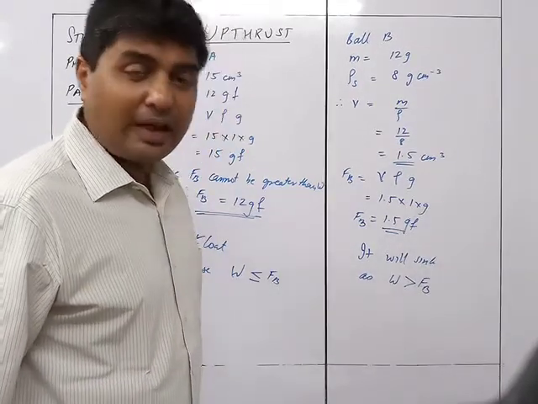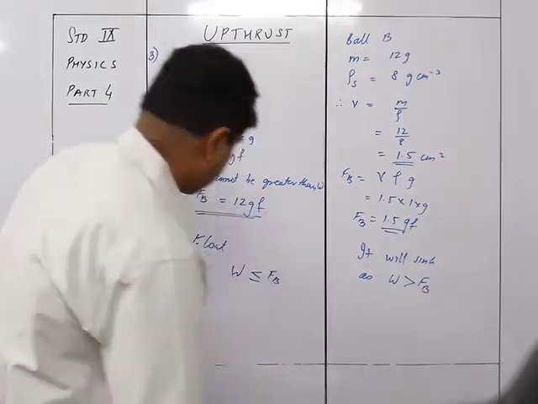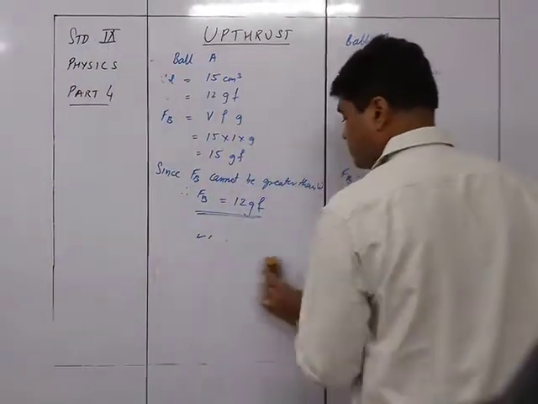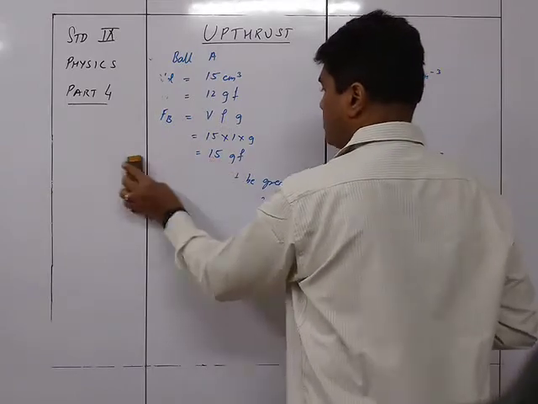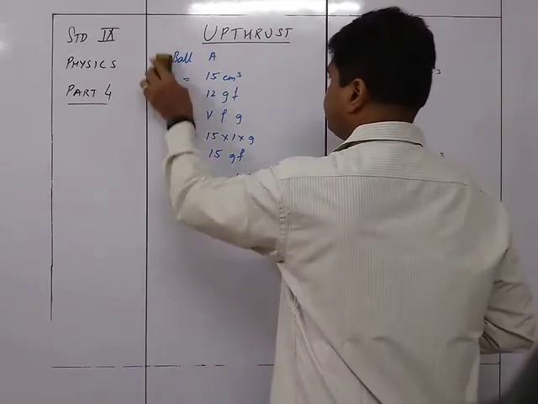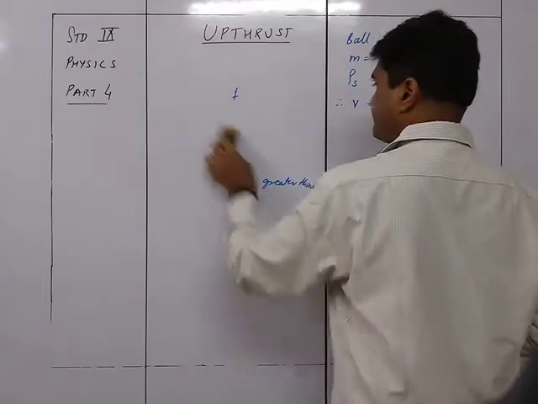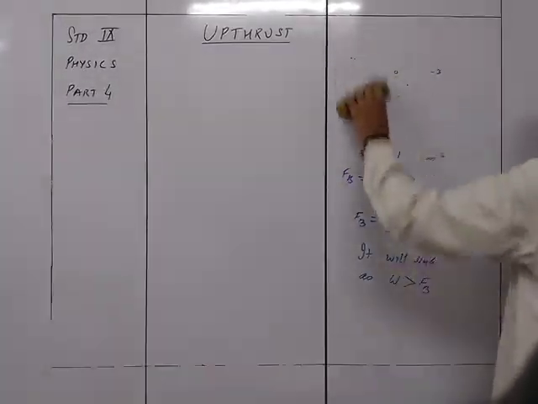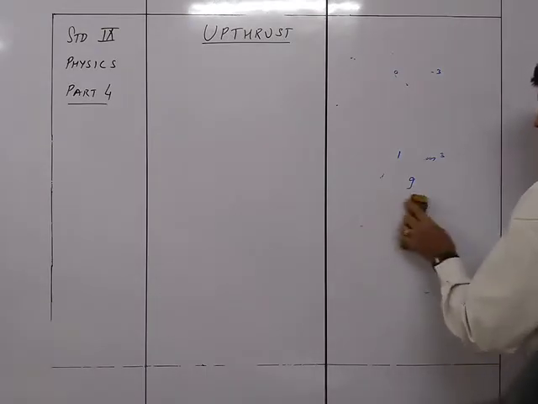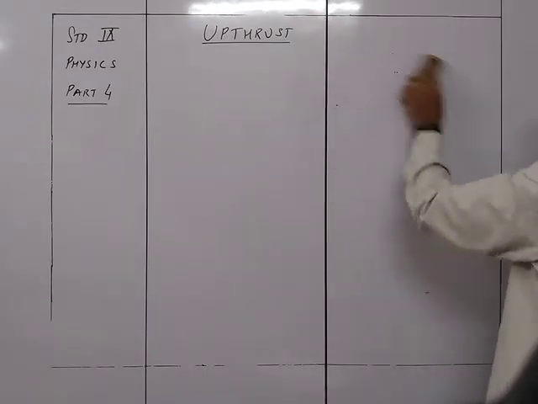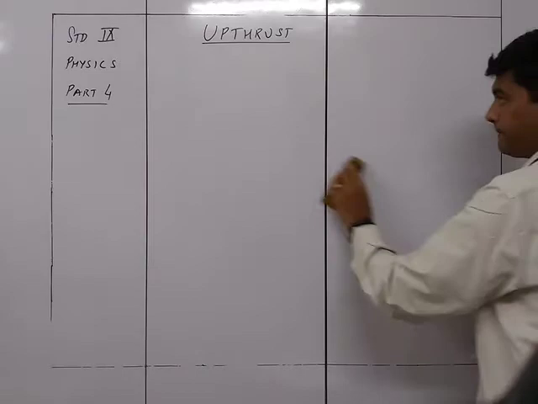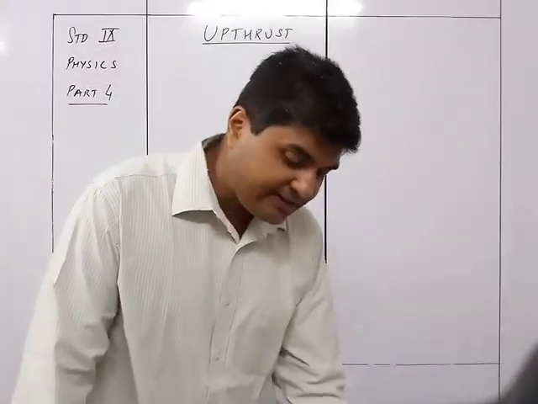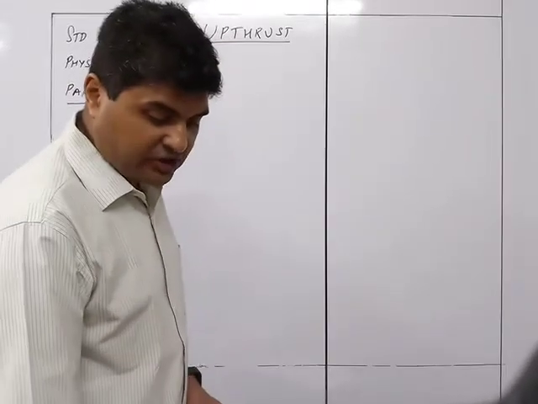We now move on to sum number 4. A solid of density 5000 kg per meter cube.